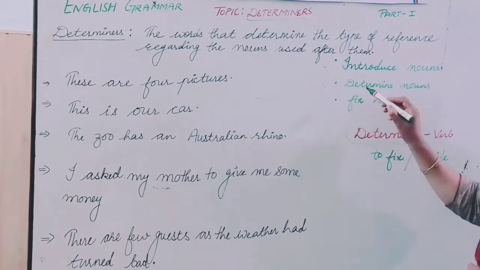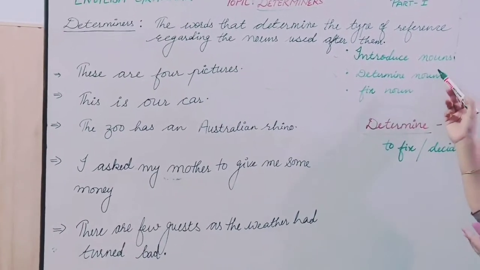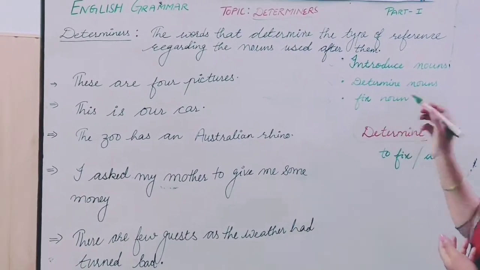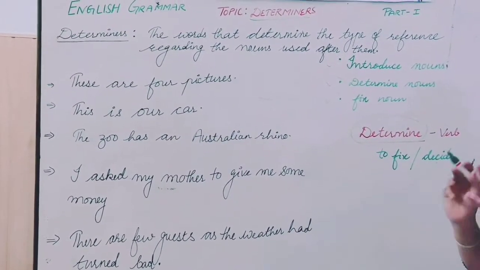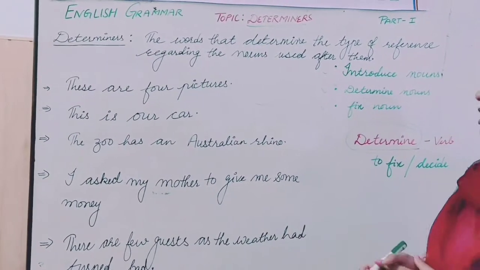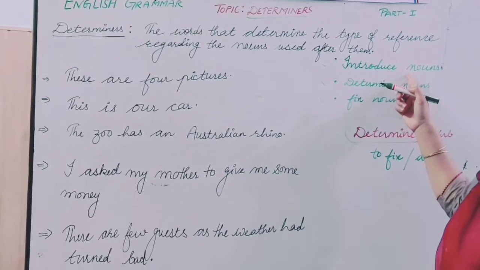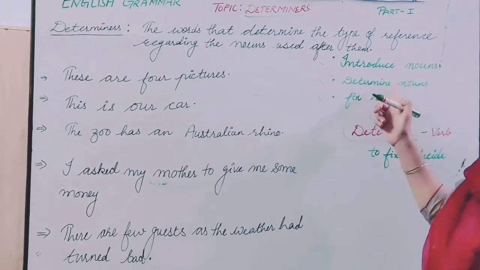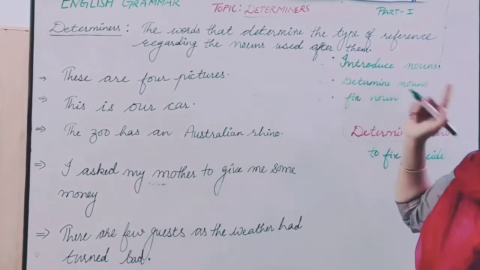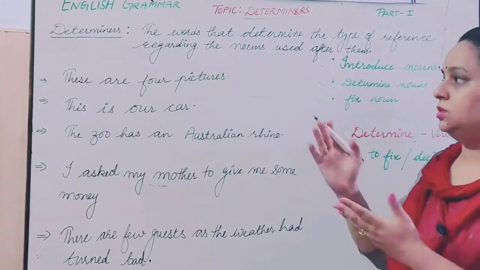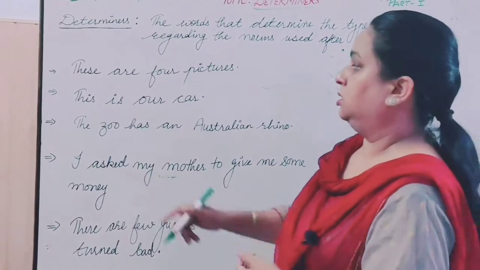Second, which determine nouns or which fix nouns. So in our own language we can say that the determiners are the words which introduce nouns, which determine nouns and which fix nouns. Let's see some of the examples here.